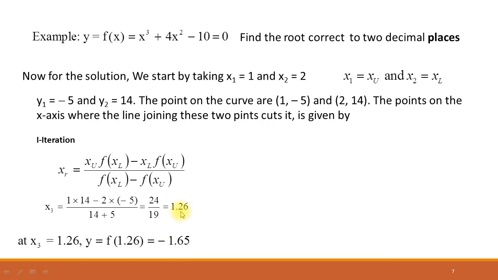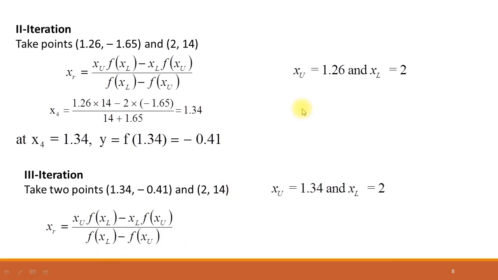Now dear students, this point is very important to note: since the function has a negative sign at x3, and the function has opposite sign at xl, replace this xu by xr and xl will be as it is. So now for the fourth root, this is the xu value, 1.26.